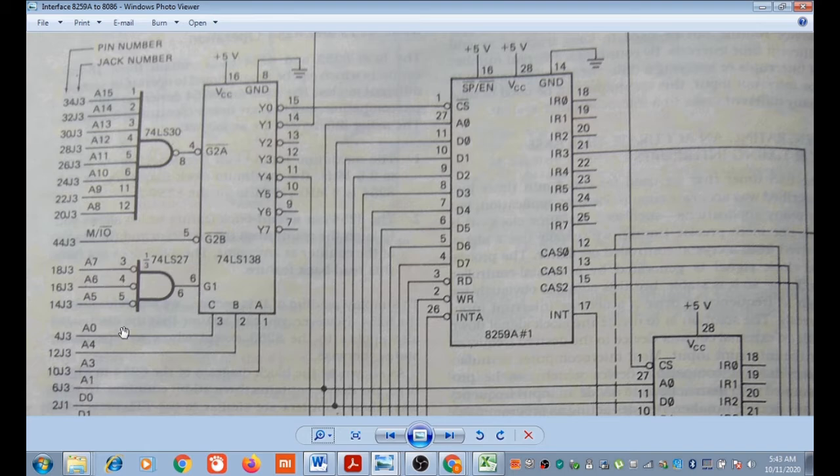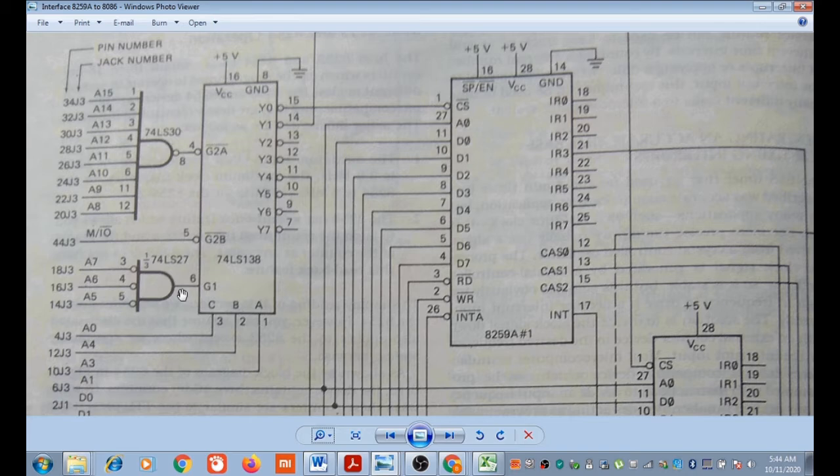So next let us think when a logic high will reach on this line. See here, these are negated. So this is an AND gate with negated inputs.